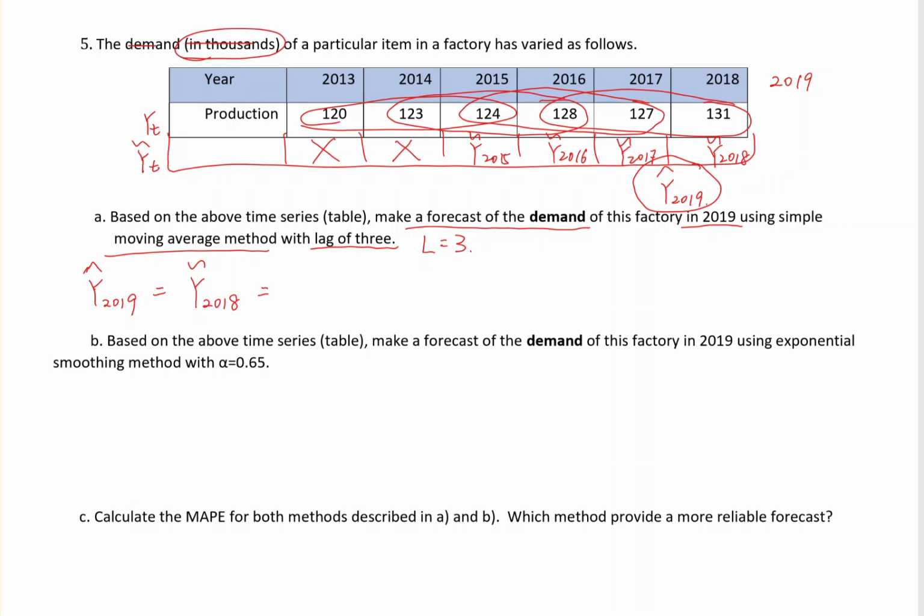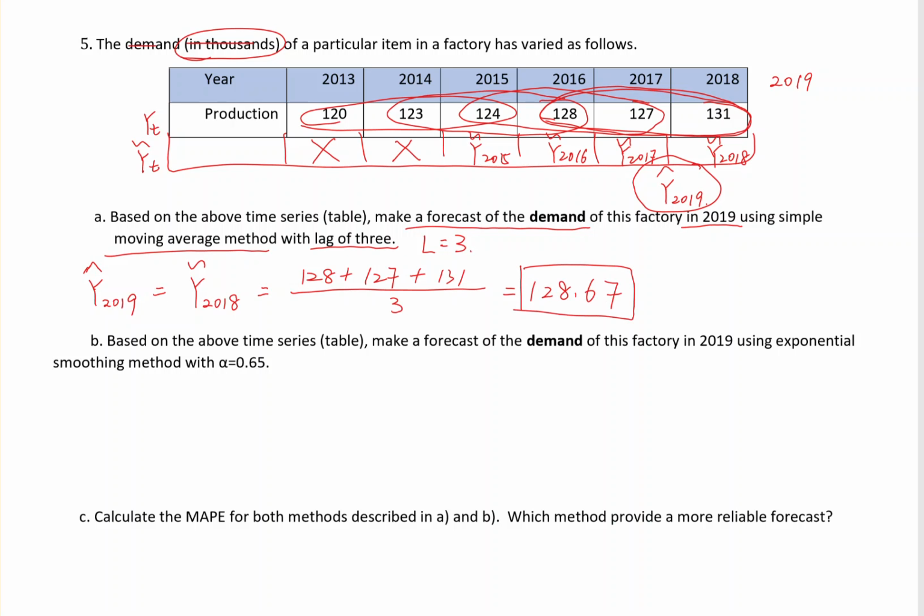So if you want to get the estimated value of 2018, what you need to do is just average these three, right? So it's actually 128 plus 127 plus 131 divided by 3, which is 128.67.